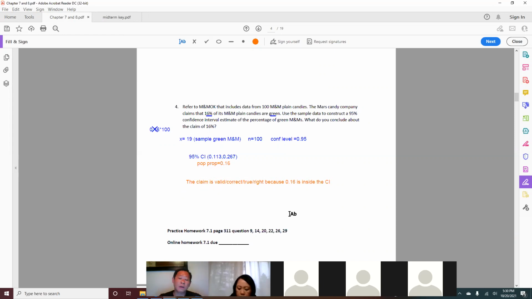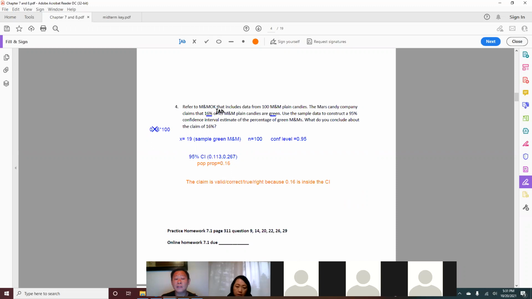So the company says it should be 16% green M&Ms. So what I do is open a bag of M&Ms and figure out whether 16% really is green. Based on a 95% confidence interval, yes, 16% is true because it's inside this range.